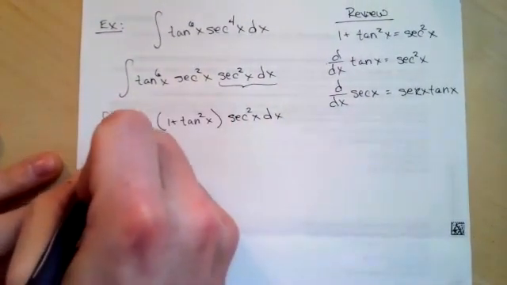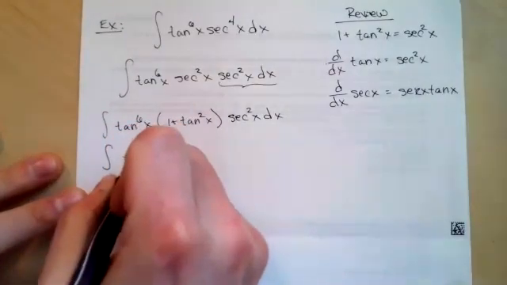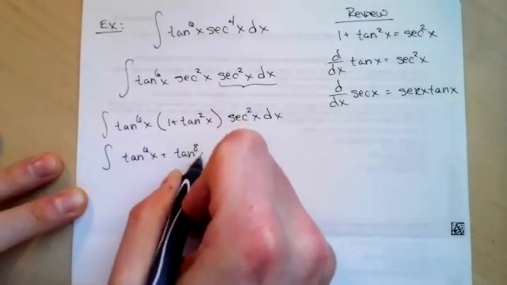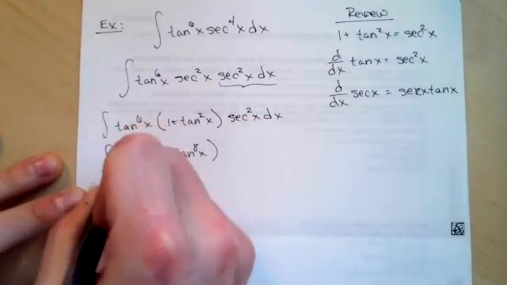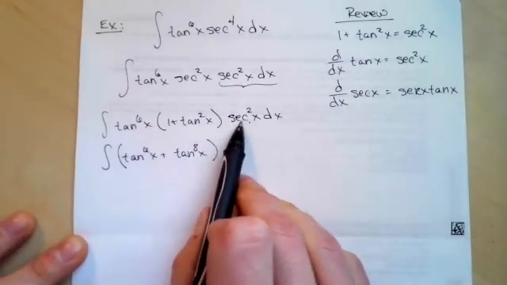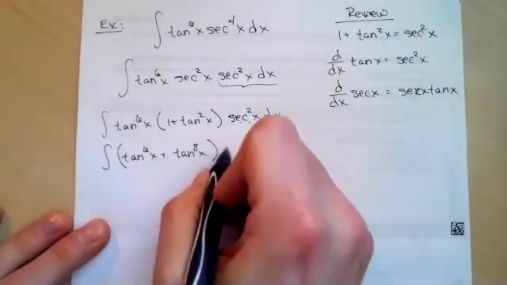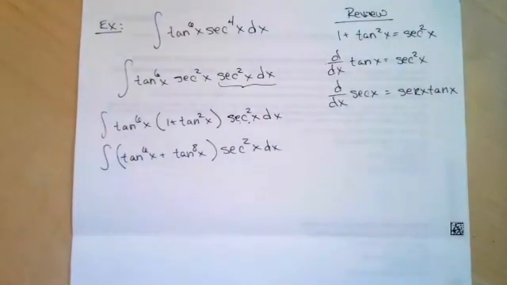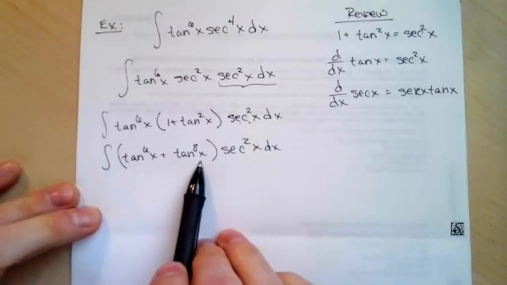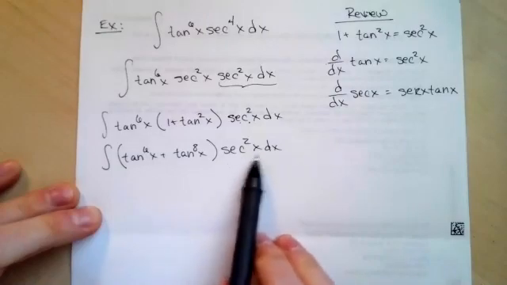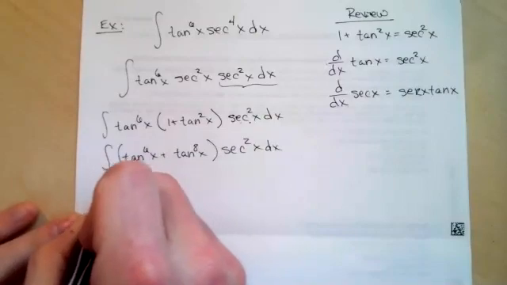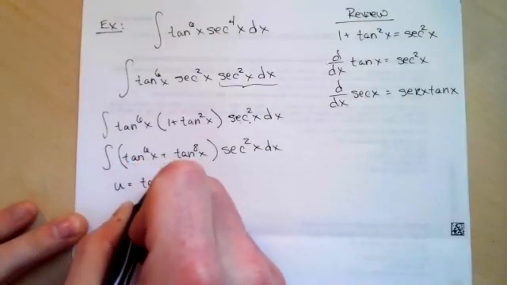We can go ahead and distribute. Mind your parentheses, right? That tangent to the sixth is being multiplied by both terms, which of course we need in order to make a correct substitution. And so now we see we have only powers of tangent and the derivative of tangent sitting in the differential. So that gives us a nice u substitution with tangent of x.